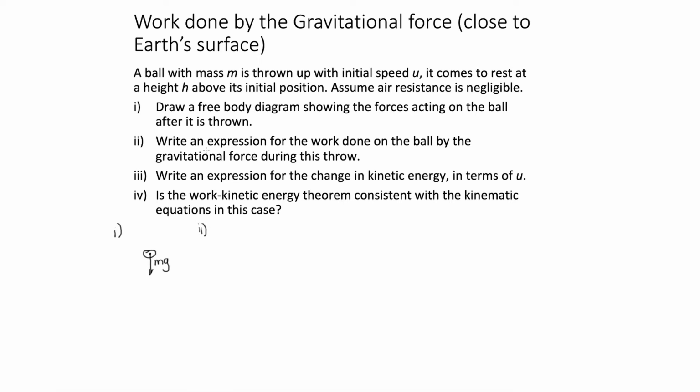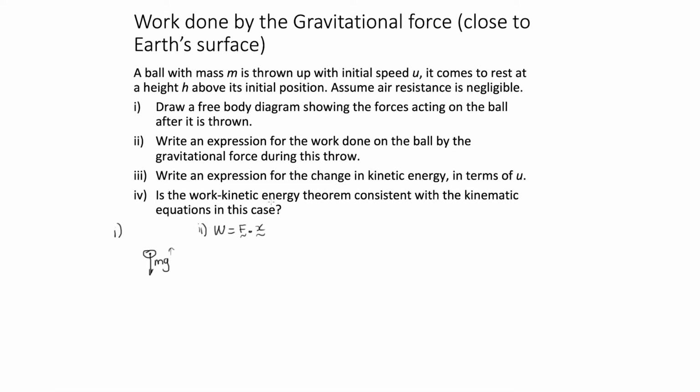Now, part 2 says write an expression for the work done on the ball by the gravitational force during this throw. Okay, so I think by this throw it means after it's been released, so as it's going up to this maximum height here. So the work done is equal to the force dotted with the displacement. Now in this case, the weight is down and the displacement is up.